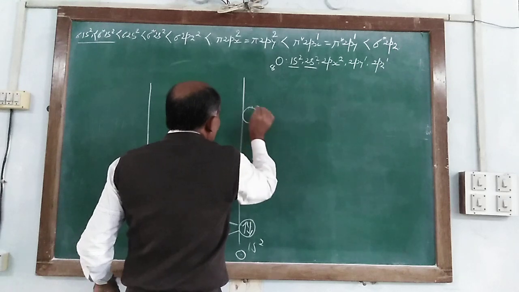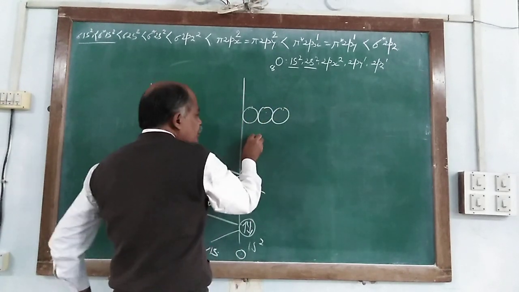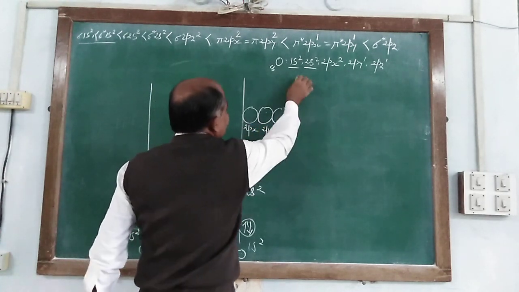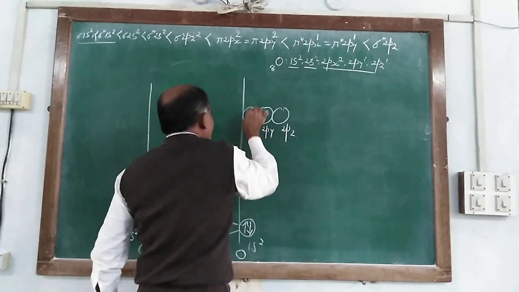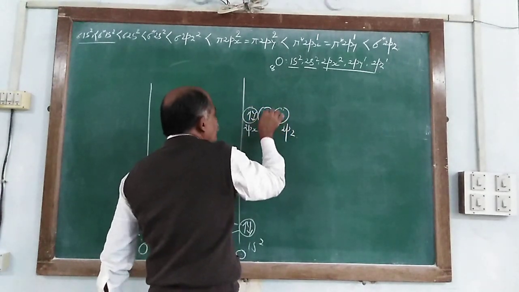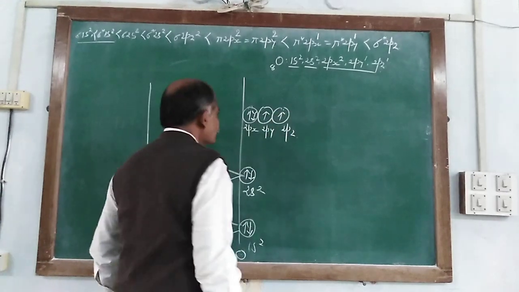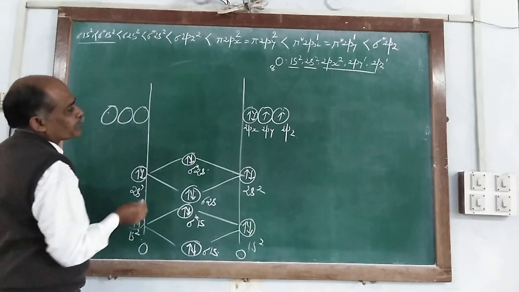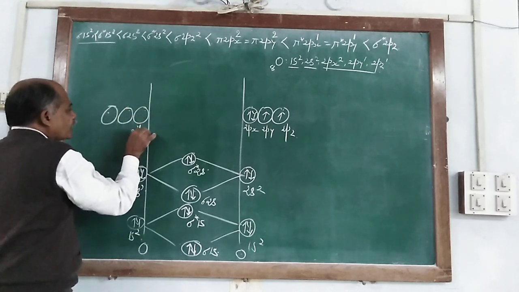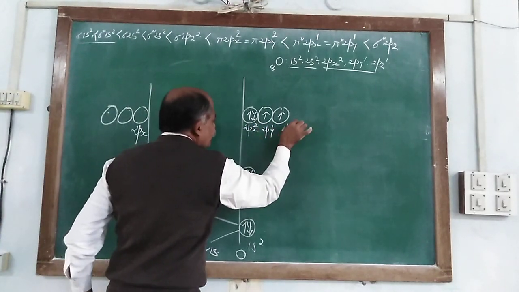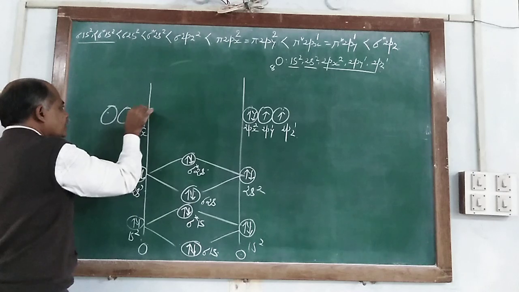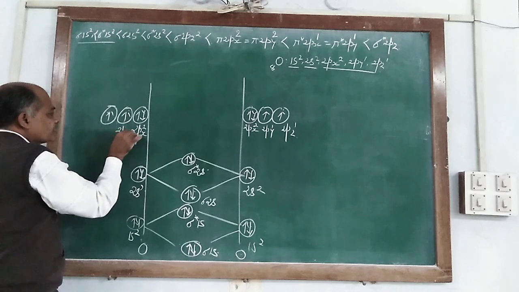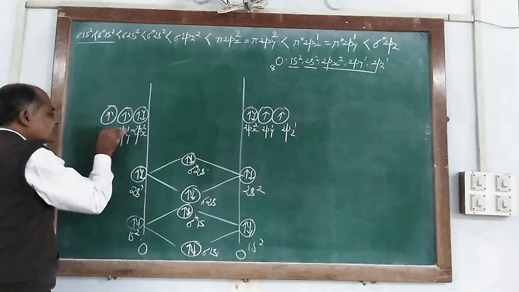Now the 2px, 2py and 2pz. In 2px it carries 2 electrons and the remaining two orbitals have 1 each. Similarly, the other oxygen also carries 2 in 2px and 1 each in 2py and 2pz.